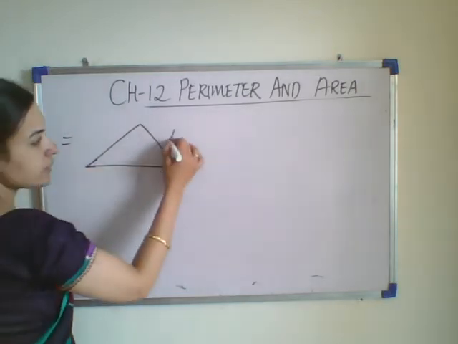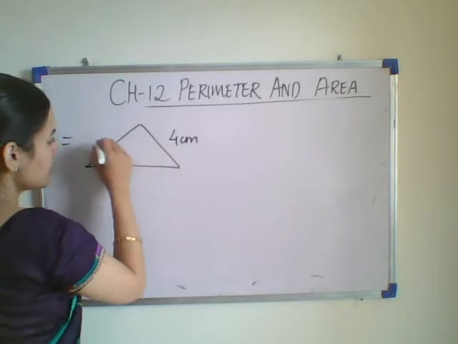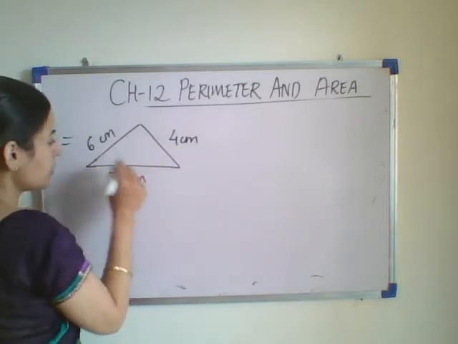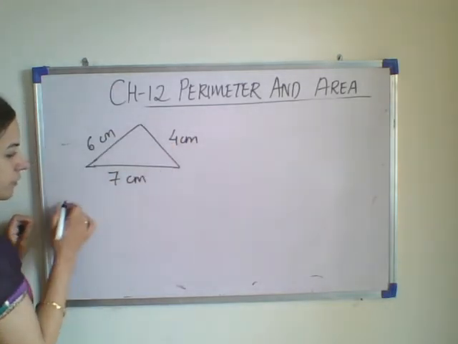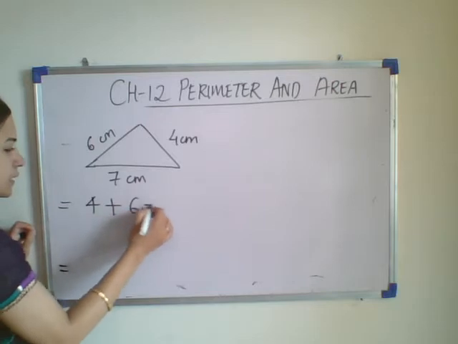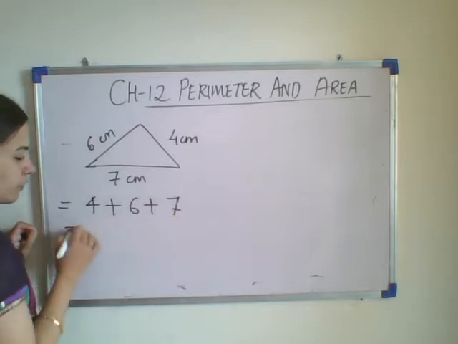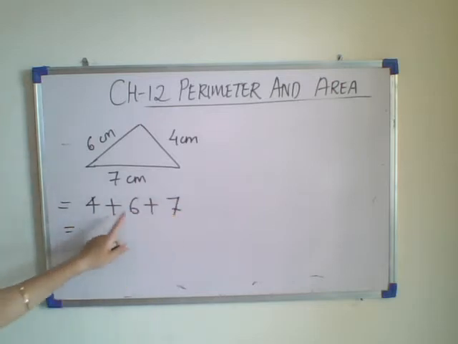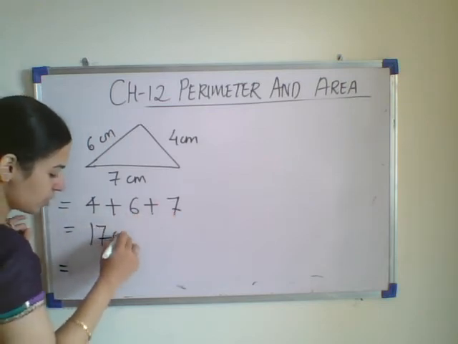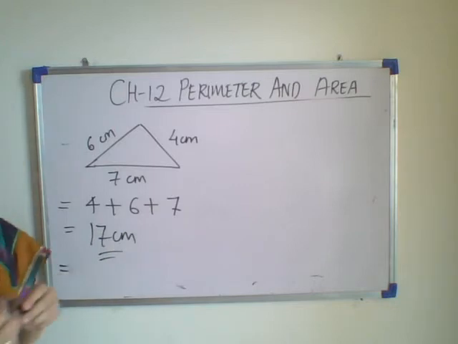Its one side is given 4 centimeter, this is 6 centimeter and this is 7 centimeter. We have to find the perimeter of this triangle. Then we have to add 4 plus 6 plus 7. So 4 plus 6 is 10 and 10 plus 7 is 17. So the answer is 17 centimeter.